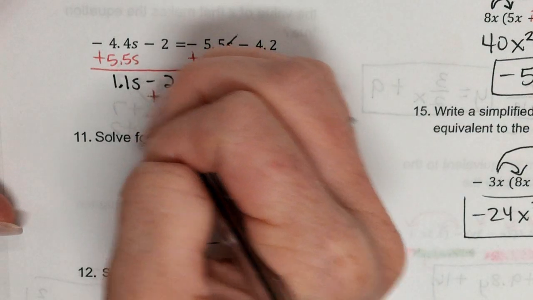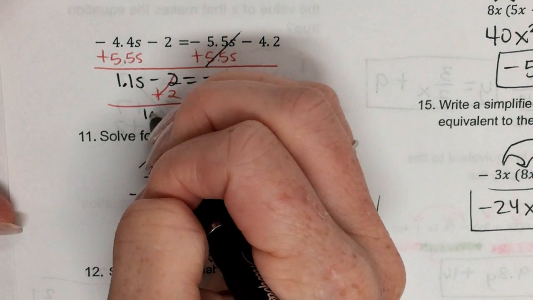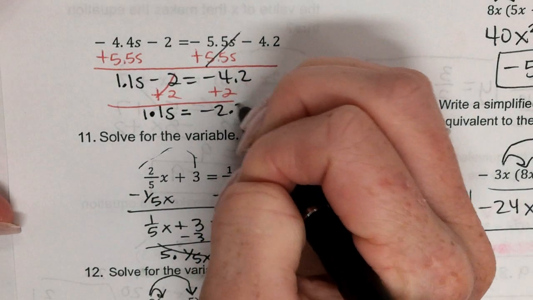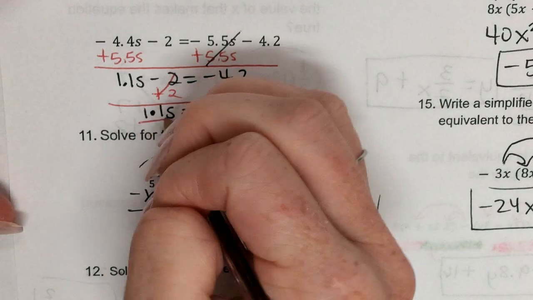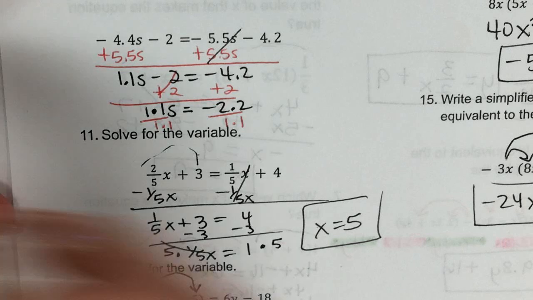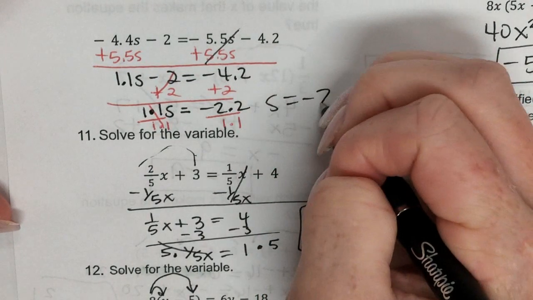I'm now going to add 2. So I have 1.1s equals negative 2.2. And then I'm going to divide by 1.1. And I get s equals negative 2.